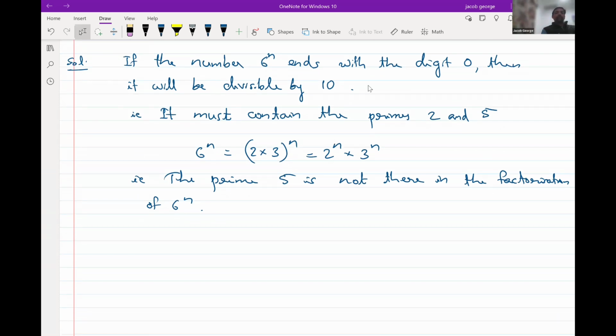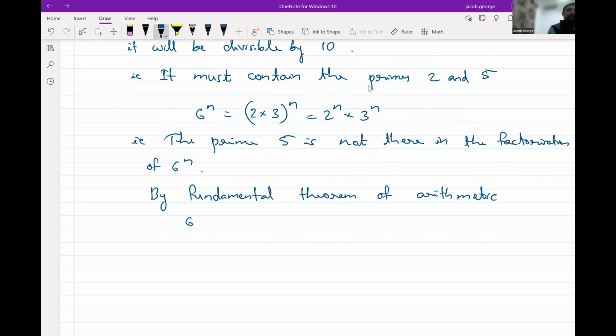By fundamental theorem of arithmetic, 6 raised to n is equal to 2 raised to n into 3 raised to n, which is the unique factorization of 6 raised to n.